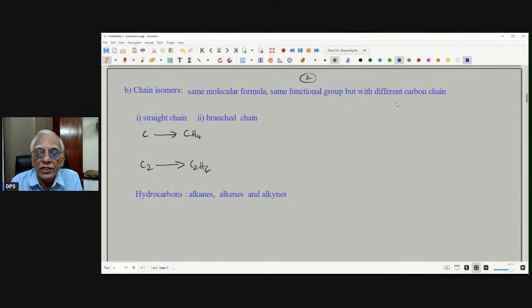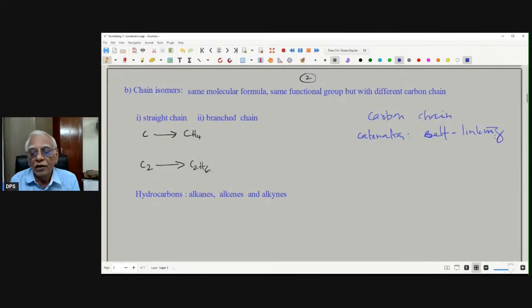When I talk about chain isomerism, I always refer to the carbon chain. The carbon chain, I told you, has the characteristic property of catenation, self-linking of atoms. I will just give you an example.